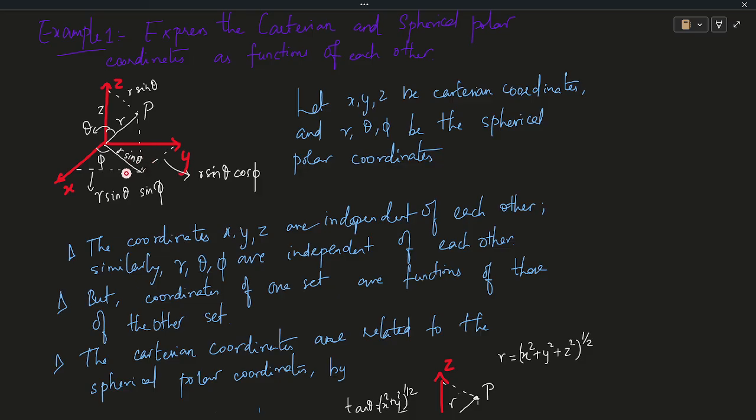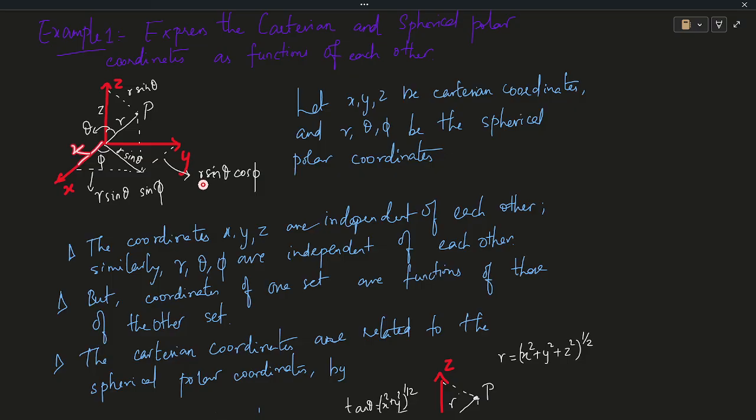Very similarly, this side, which is going to be the adjacent of this angle phi, can be written as r sine theta cos phi. This is the x coordinate, or this is going to be my x.